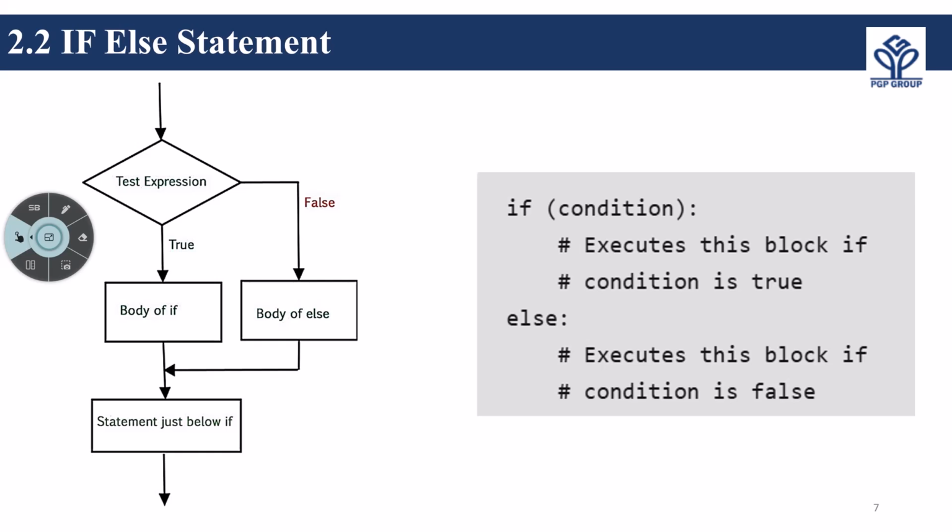So second one, if else statements. In the previous one, if statement, we are using one condition, correct? This time we are using two conditions. We give the expression and check the condition. If true, execute the body of the if statement. Suppose the condition is false, execute the body of the else.